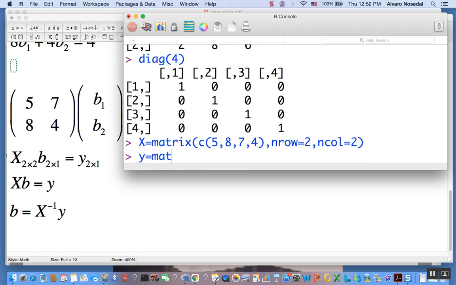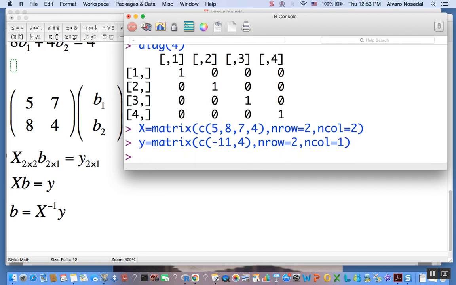The matrix y, or vector y, negative 11, 4. We have 2 rows, 1 column, right? And to find b, all we have to do is find the inverse of the matrix X.